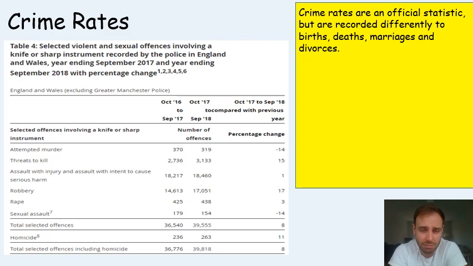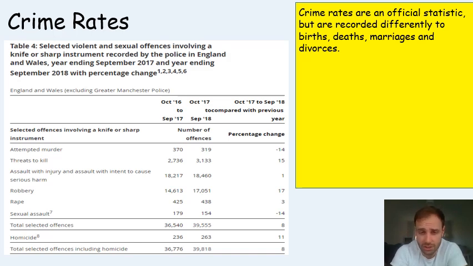The amount of murders, or attempted murders, sorry, has fallen from 370 to 319. The amounts of assault with injury and assault with intent to cause serious harm have risen. The amount of rapes has risen, and the amount of sexual assaults has fallen. You can see that this data suggests that certain crimes are on the rise and certain crimes are falling. Now, that might well be true.